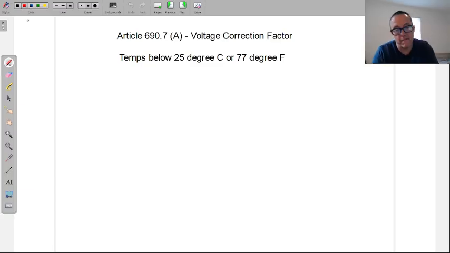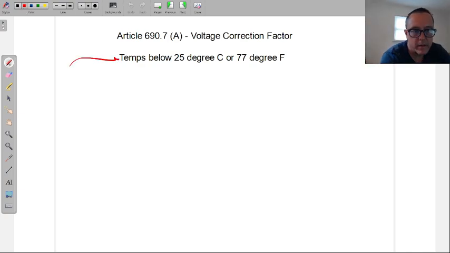So the first thing of note to highlight or write down, because it is going to come up as a question, is when do we have to make this voltage correction factor? That's when the temperature of the conductors and the equipment, anything outside, which is where our solar panels are, drops below 25 Celsius or 77 Fahrenheit.